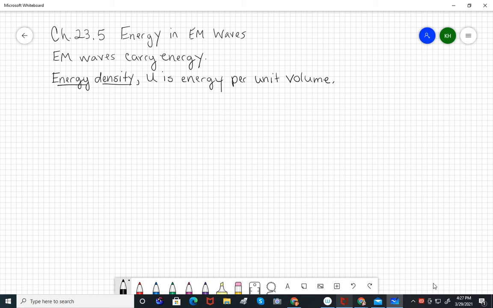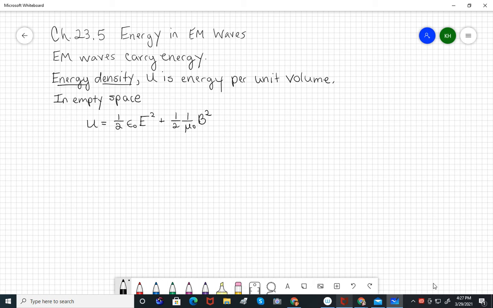So if we are in empty space, that's a vacuum, or air is almost empty space, then the energy density u is equal to 1/2 epsilon naught E squared plus 1/2 1 over mu naught B squared.